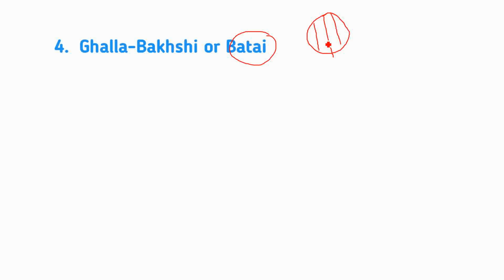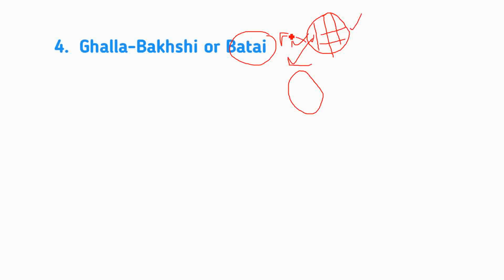Now, the state share, suppose, will be one part, and the remaining parts will be the share of the peasant. The part that was the share of the state will be given to the state as land revenue, and all the remaining parts will be left with the peasant. So this is called batai, and batai is basically done with crops or grain. And if the state wants the share in cash, then this part will be sold, and when the peasant gets the amount, they will pay it to the state.